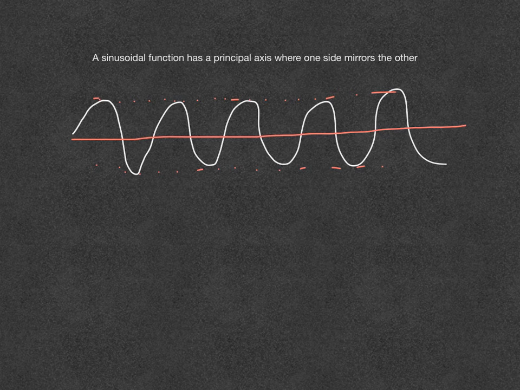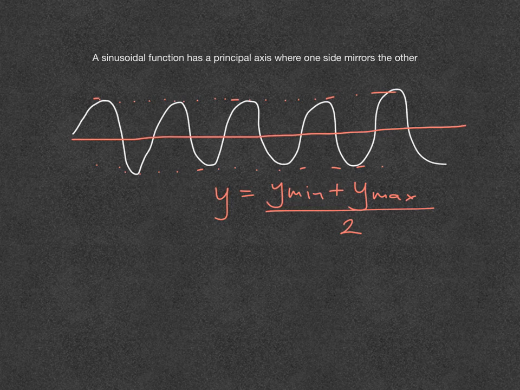So we find the principal axis by taking the y minimum and adding the y maximum, and then dividing by 2. This is going to be a horizontal line, so that's why we write y equals, and then we put in these values and we can find the principal axis.